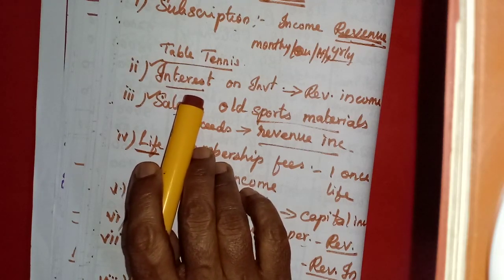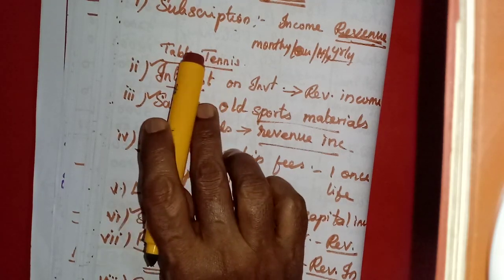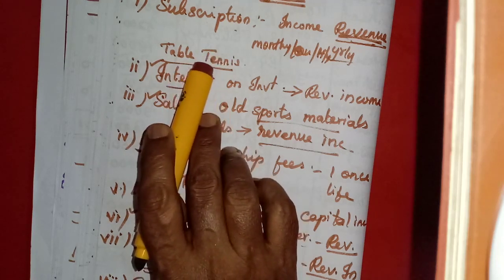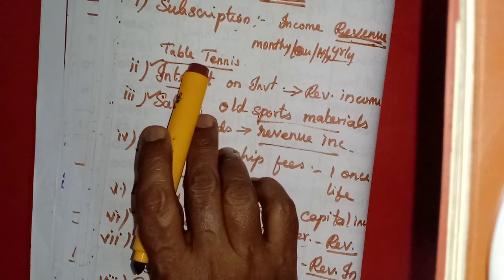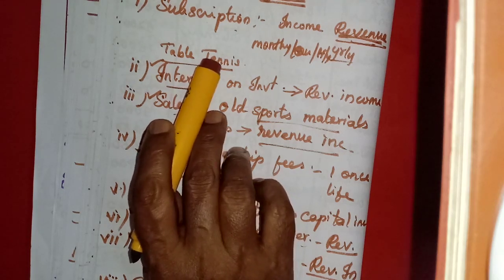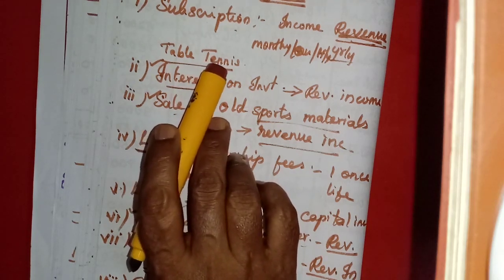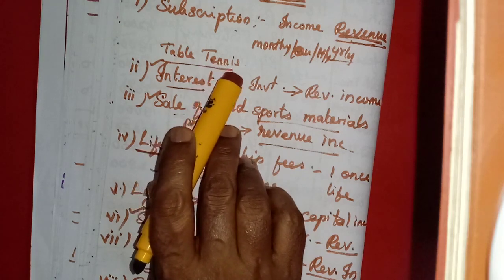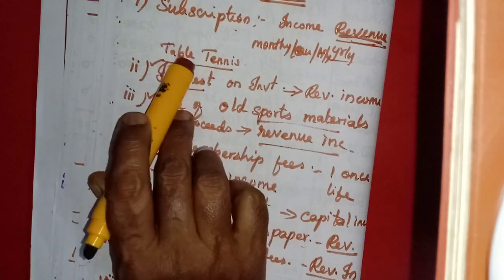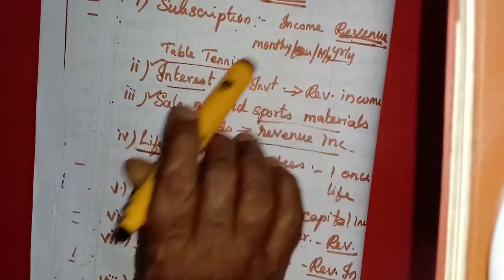If they have received subscription for some special purpose, for table tennis or for any other sports, that may be capital nature, but they conclude everything: all subscription will be considered as revenue nature.